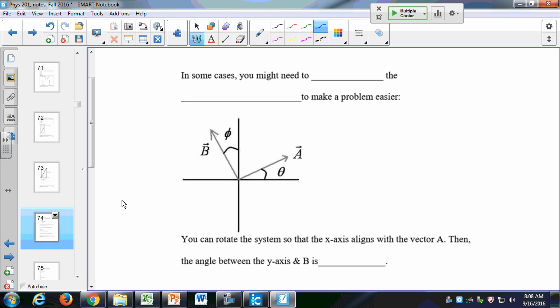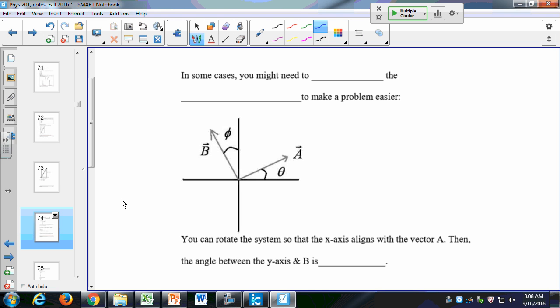So let's say that I have two vectors. I have one vector that is over here, and then I have another vector that is over here. We'll see that these vectors are kind of hard to deal with when they're off an axis.